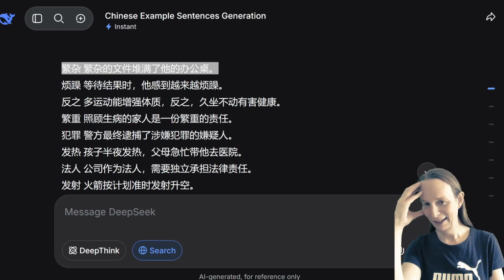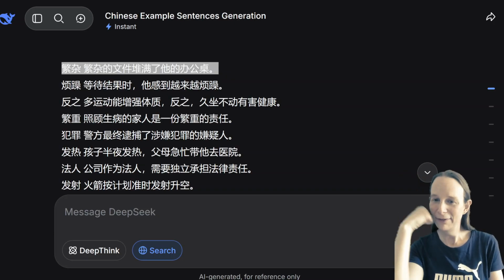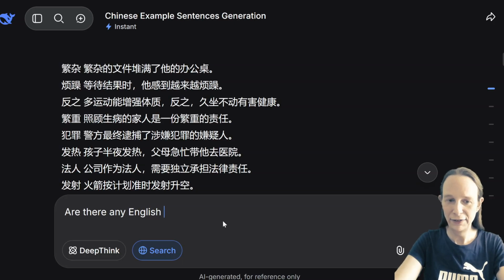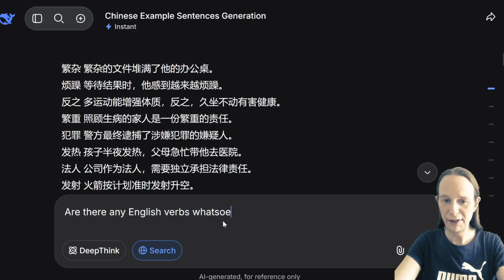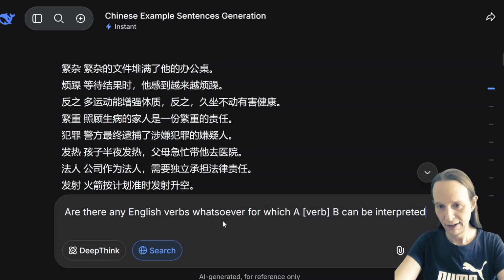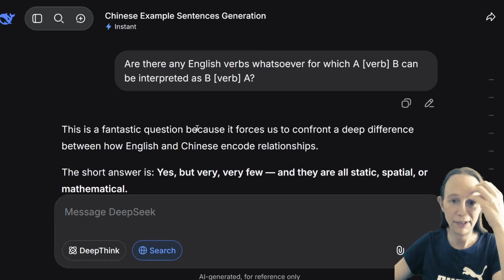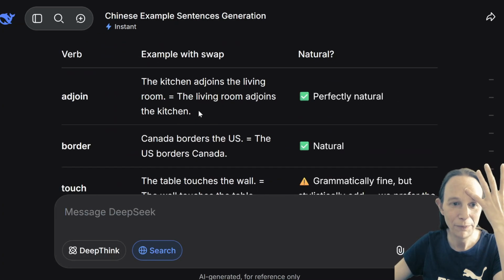Are there any transitive verbs in English at all where "A verb B" can be interpreted as "B verb A"? Yes, but very, very few.